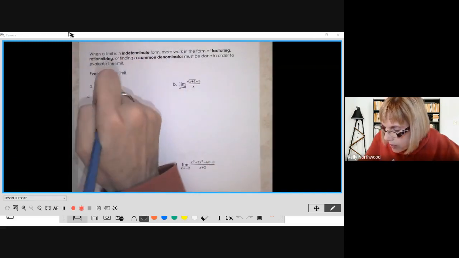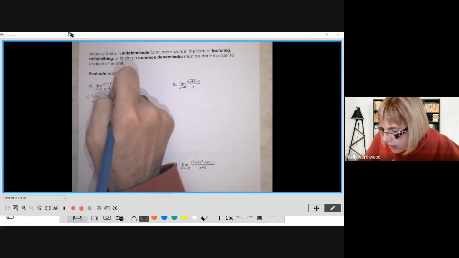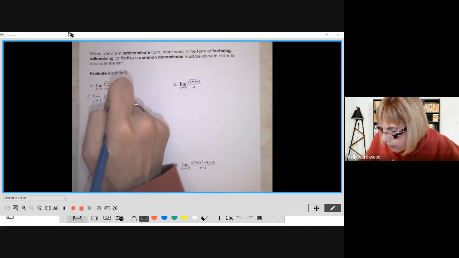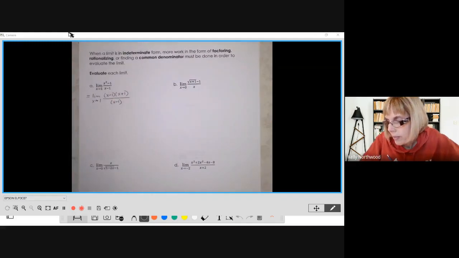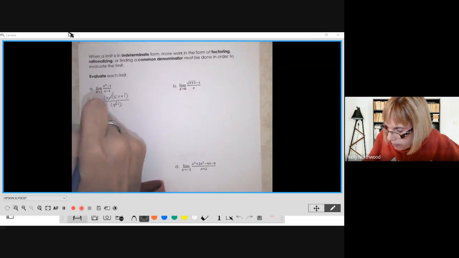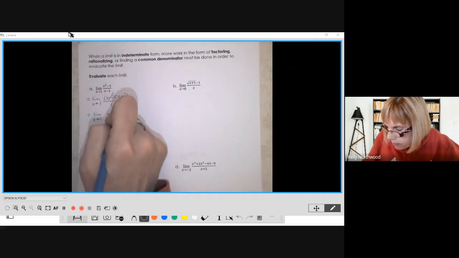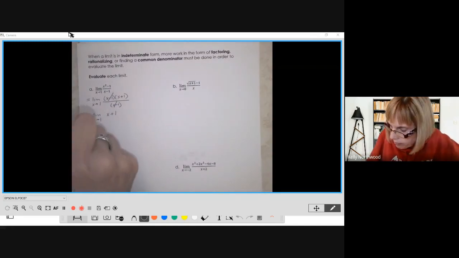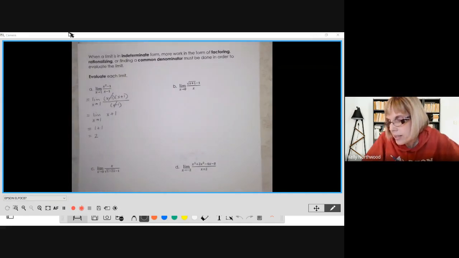X squared minus 1 is a difference of squares, so it factors to give us x minus 1 times x plus 1. Now the x minus 1s will divide out. Now it's safe to let x approach 1. So the limit as x approaches 1 of that rational function is 2.